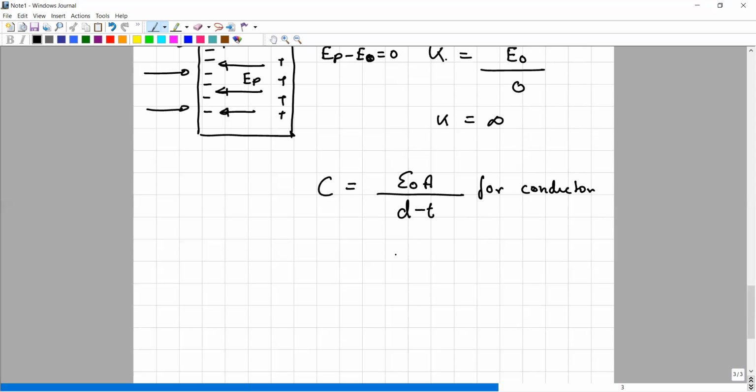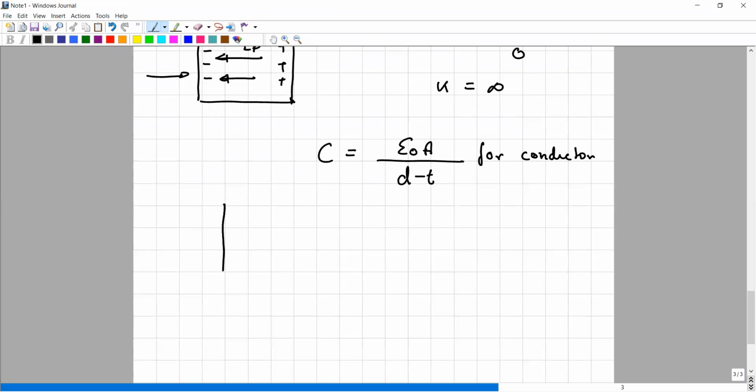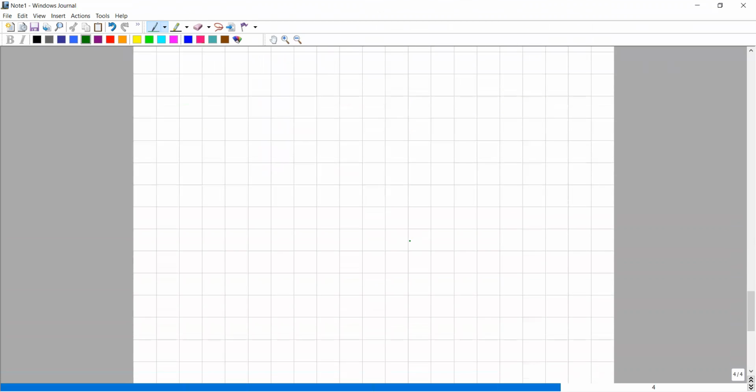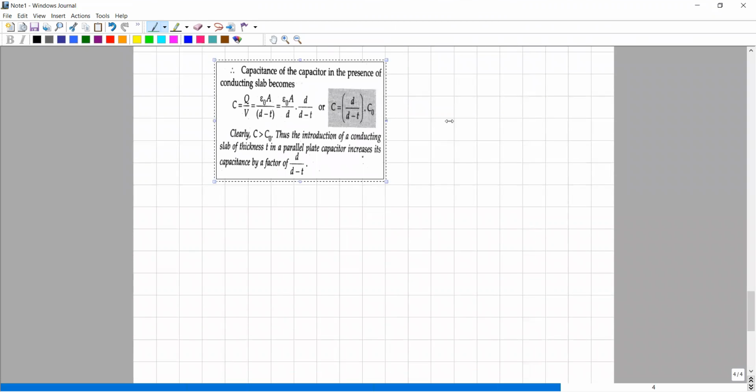So if we insert a conductor between the plates of the capacitor, then my capacitance value will be epsilon naught A over D minus T. Now you can change this formula a bit.